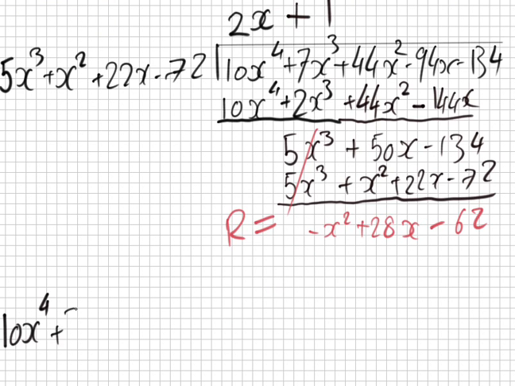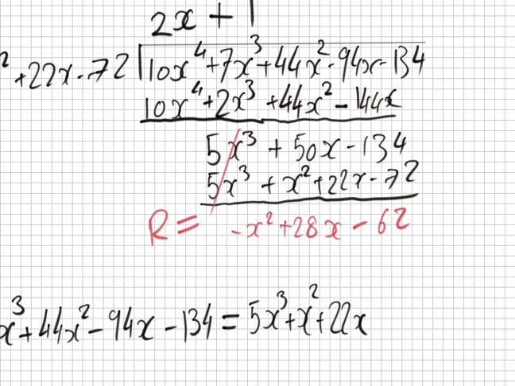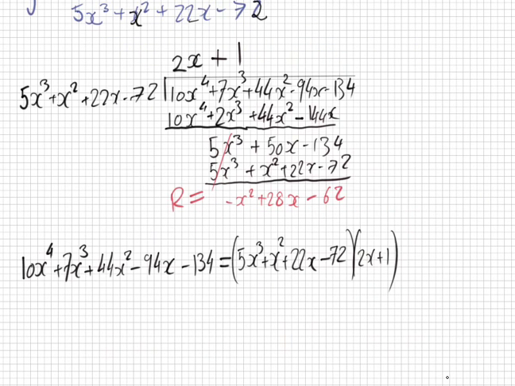10x^4 plus 7x cubed plus 44x squared minus 94x minus 134 equals 5x cubed plus x squared plus 22x minus 72, brackets, 2x plus 1, and then I need to add the remainder in here.